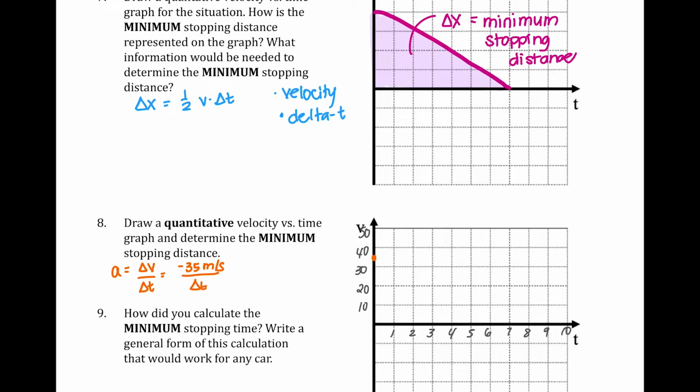And we don't know what that is, but we do know that acceleration is negative 7 meters per second per second. So if we go down negative 7, starting at 35, we're going to end up at 5. Okay, so 35 divided by 7 is going to give us 5.